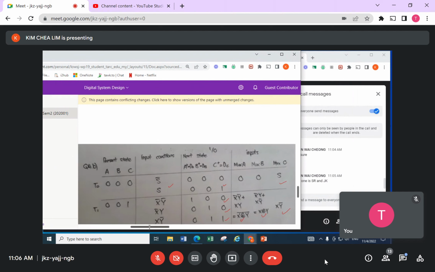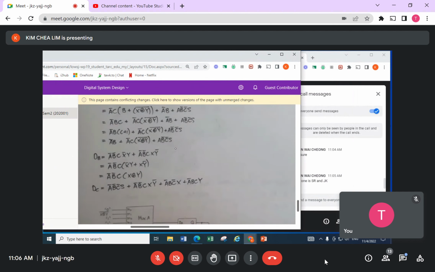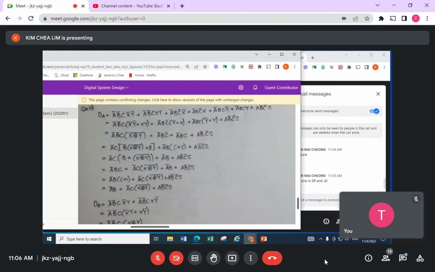So therefore, this part here, no need. Or not required. I should put it as not required.